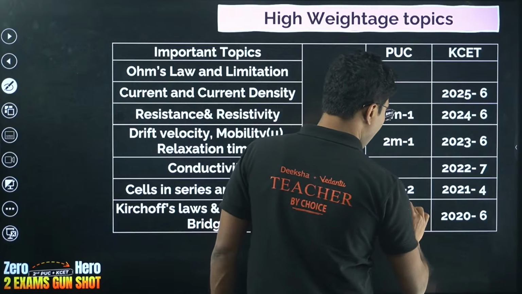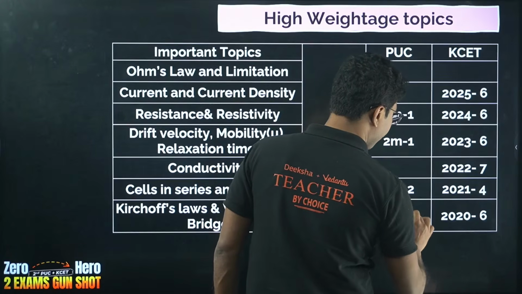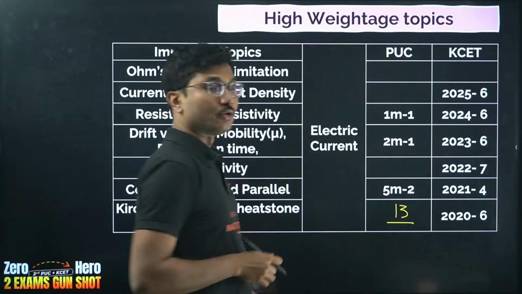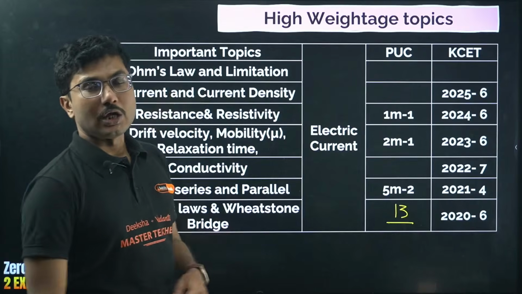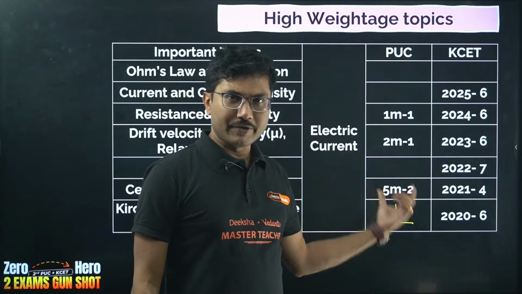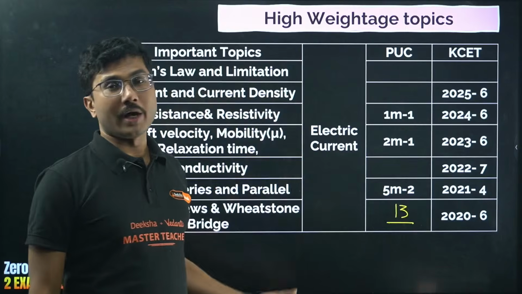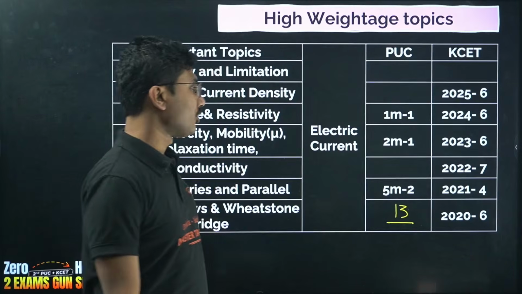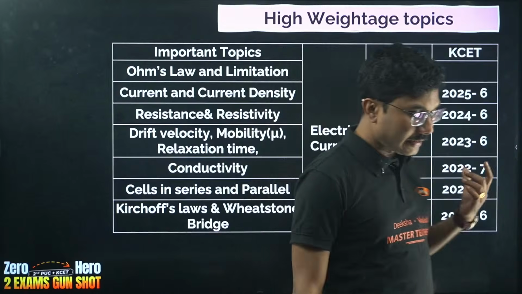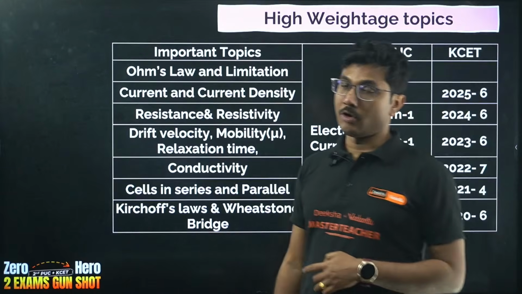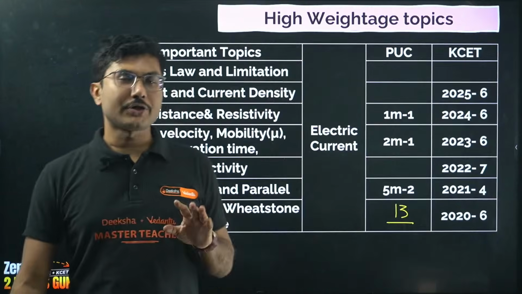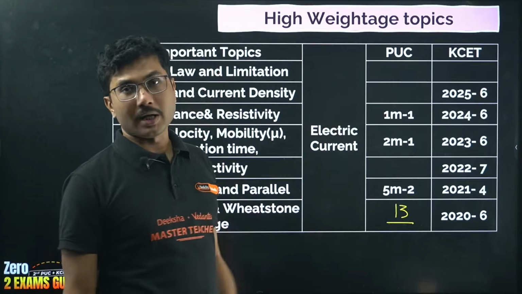So the total marks you are going to get in PUC is 13 marks. Two 5-marker questions means you are going to get one derivation for sure and also one numerical. So if you watch today's lecture, those 13 marks will be guaranteed.